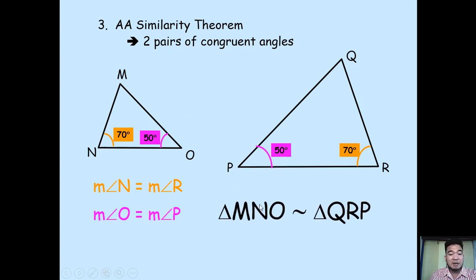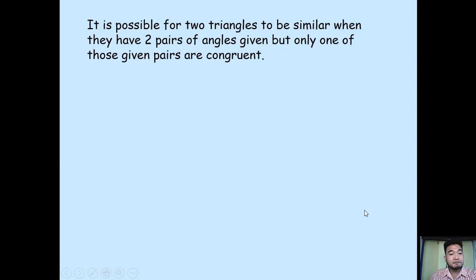So triangle MNO is similar to triangle QRP, where M corresponds to Q, N corresponds to R, O corresponds to P.